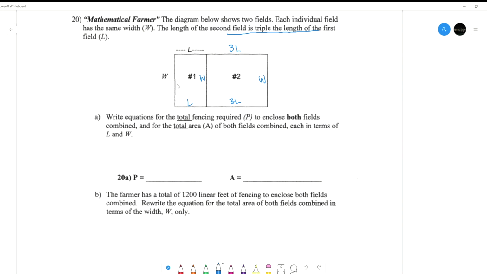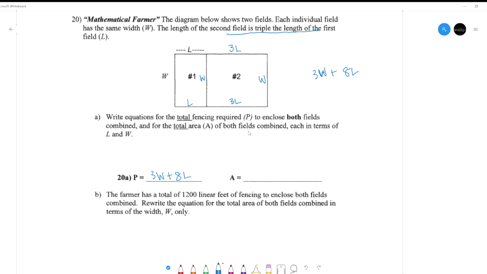Okay, so all the solid lines surrounding the fields represent fence. So let's add all of these up. So the perimeter, or not the perimeter, the total fencing required is equal to 3W, there's 3W, oh god, that's a terrible W, plus 8L, right? That's the total fencing. So I'm going to write that here, 3W plus 8L.